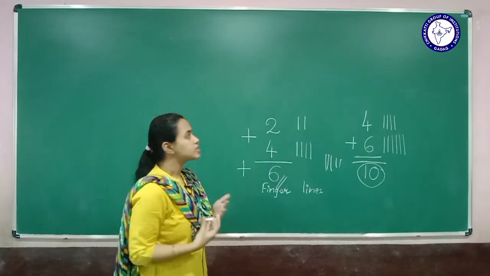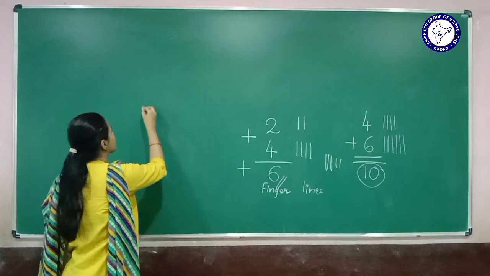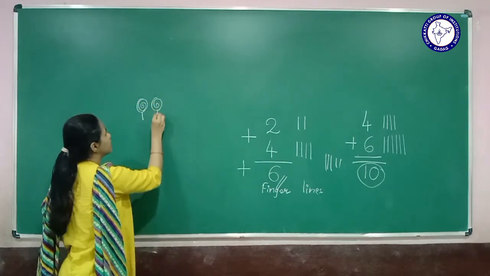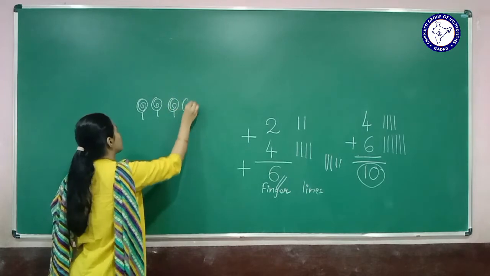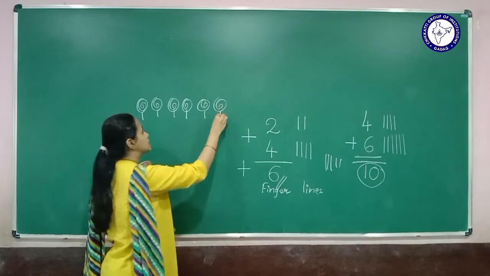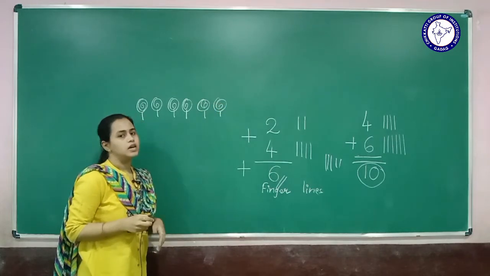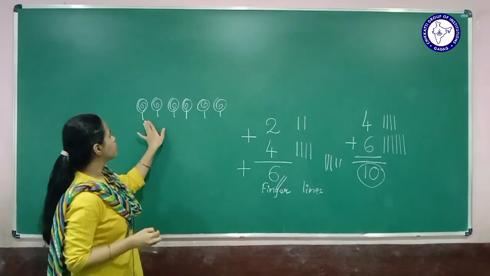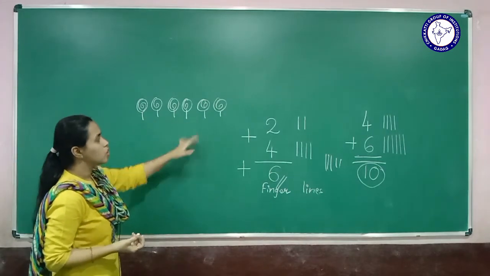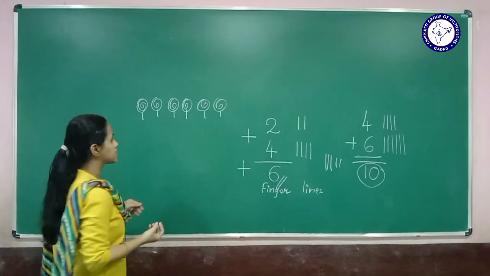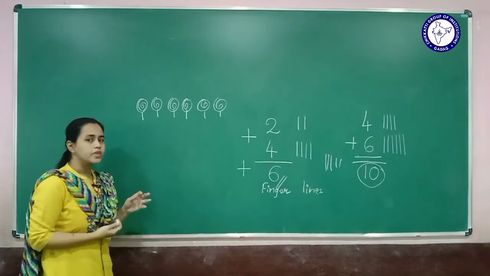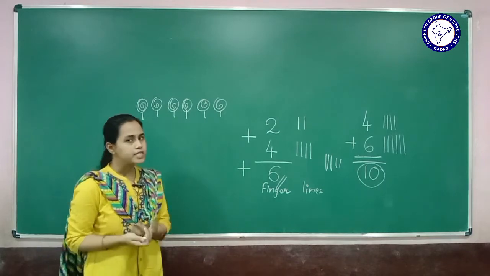If I draw something like this, here are lollipops. Most of you like lollipops, right? You should eat and then gargle your mouth, so you should always keep your mouth clean. How many lollipops are here? 6. Today is Maddie's birthday.